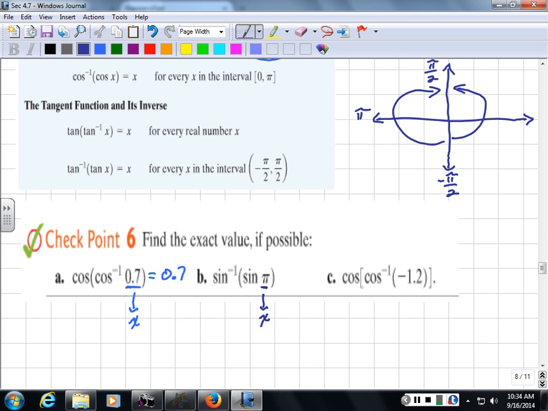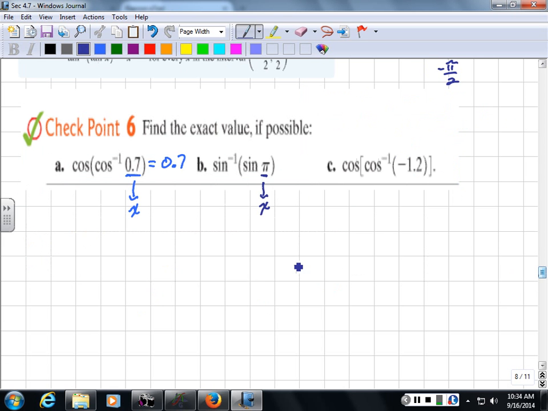Okay, but let me ask you a quick question. What's the sine of pi? The sine of pi is 0. Okay, so this whole thing, sine of pi, is equal to 0, which means I'm trying to find the inverse sine of 0, correct? Now, what's the inverse sine of 0 going to be equal to?